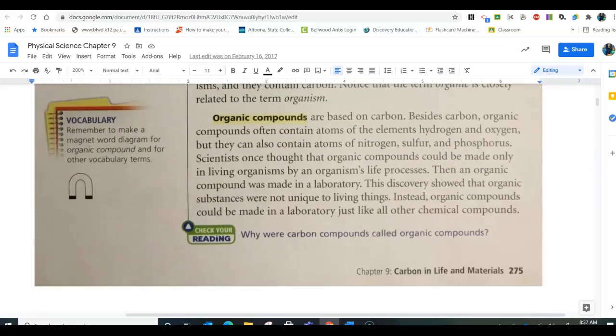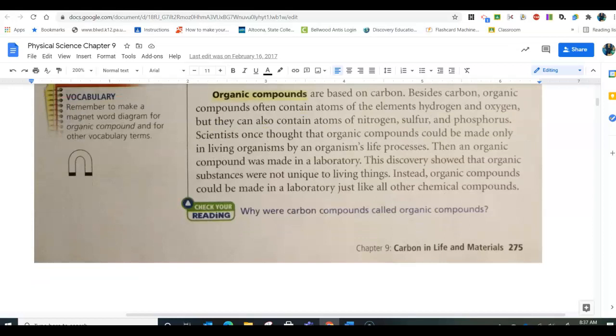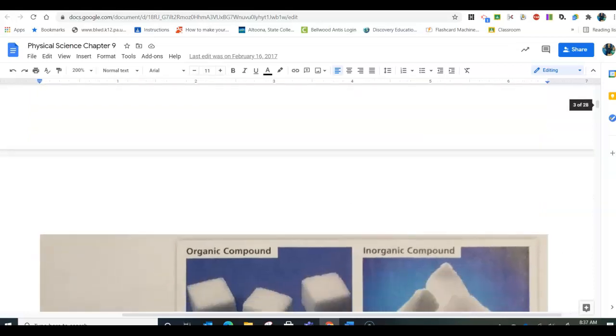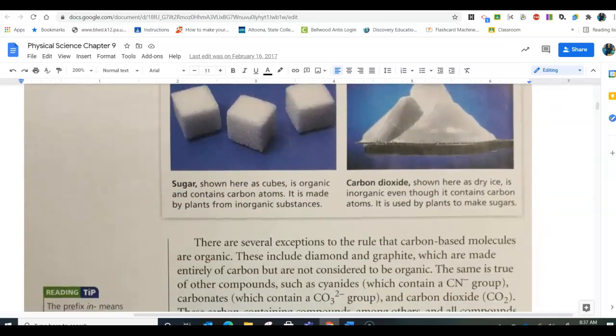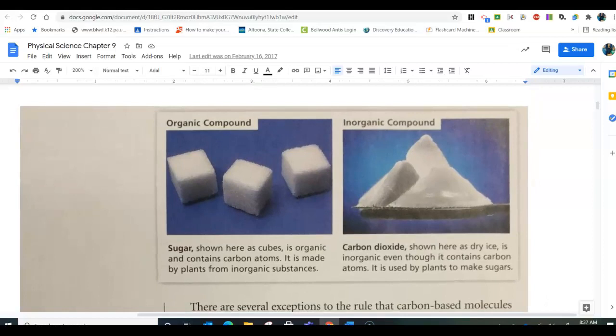But carbon, because of its 4 binding sites, can make 4 different bonds. It can make triple bonds, it can make double bonds, and those bonds can even become what we now know as rings or chains, and those rings or chains become very, very important.